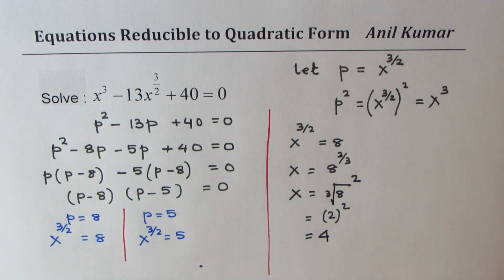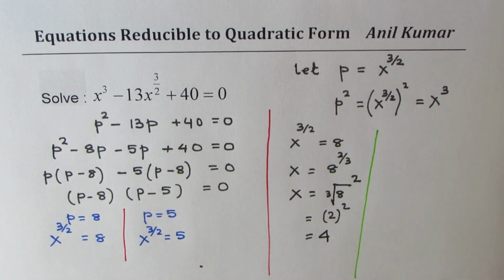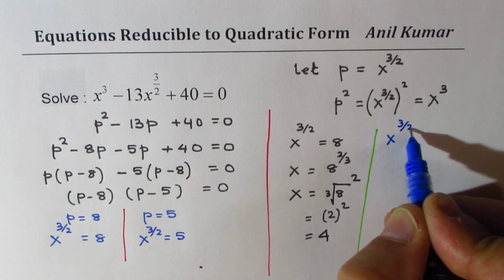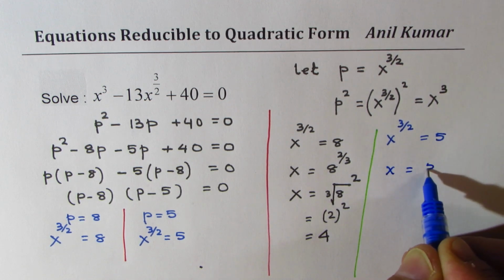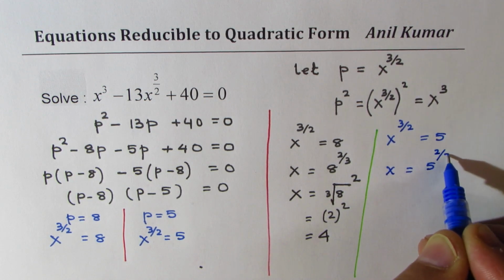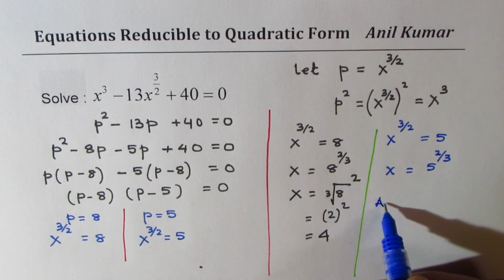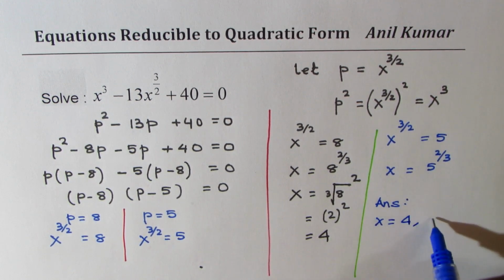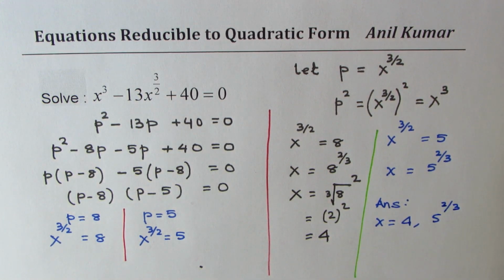So one of the solutions is x equals 4. Let's find the other solution. We are saying x to the power of 3 over 2 is 5. So from here, we can say x is 5 to the power of 2 over 3. So the answer here is that x is equal to 4 and x could be 5 to the power of 2 over 3, correct? So I hope that makes sense.